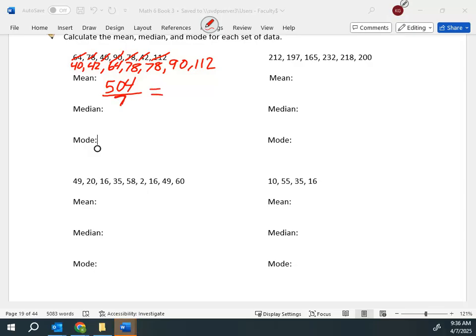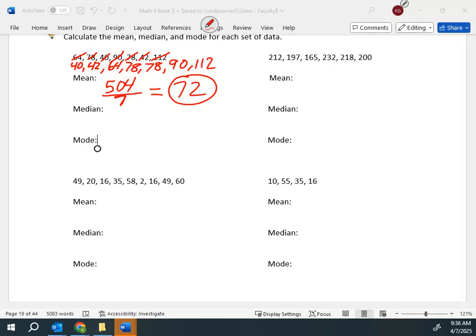What is 504 divided by 7? Emma? 72. So my mean is 72. I have so many numbers written there, I like to circle my answer so I can see right away that the mean is 72.